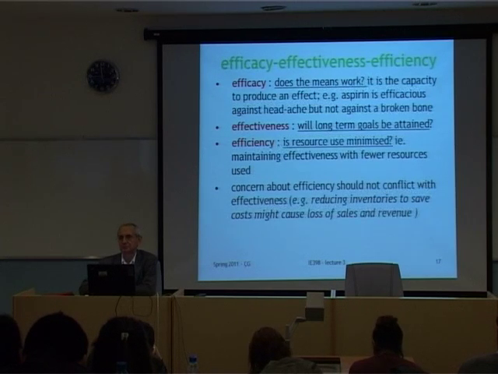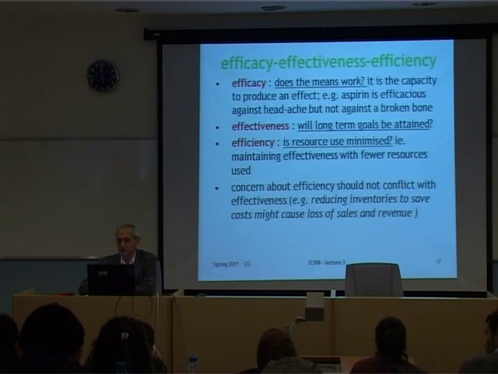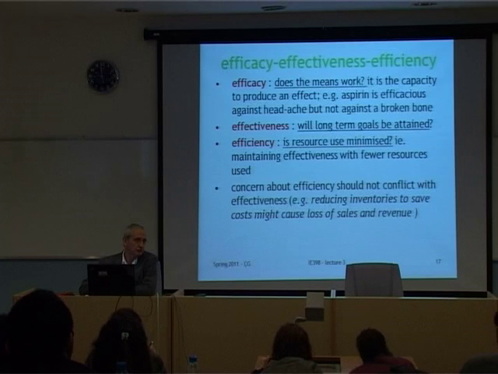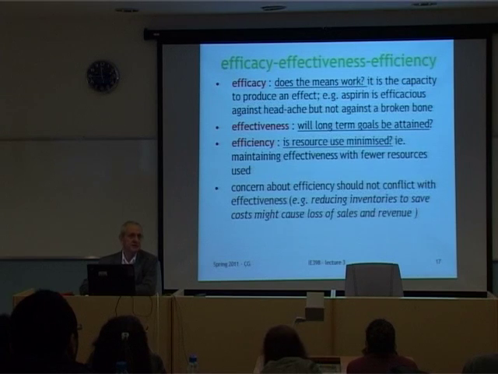We are now pretty clear about these, reading Ackoff's articles, etc., and I think you now realize this. For example, reducing inventories to save costs might run contrary to effectiveness because you might lose customers and sales revenue, etc., whereas your long-term objective is to maximize your profits.